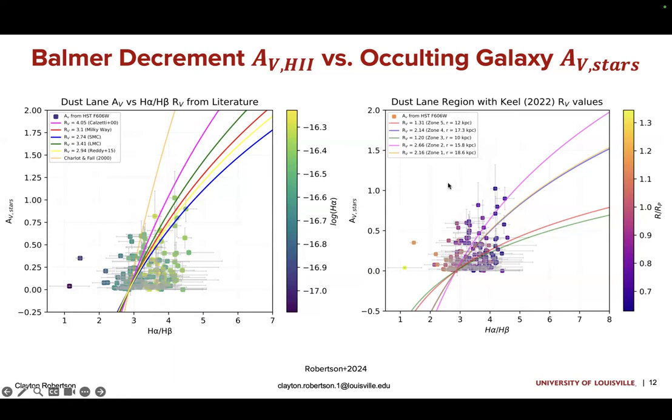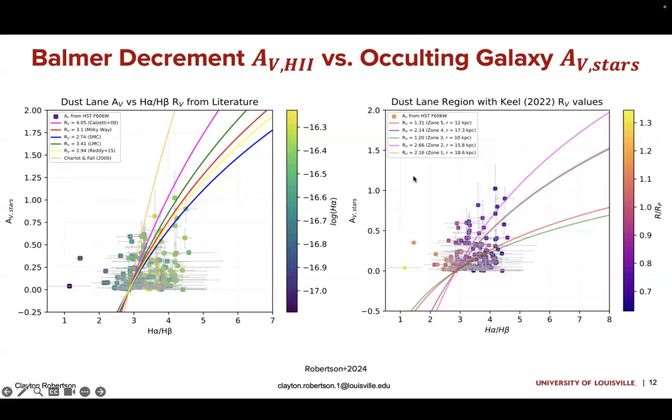On the right side, these are attenuation laws and reddening slopes found by Bill Keel's 2023 paper. He wrote it in 2022, and I think it got published in 2023. It's of VV191 itself, of these different regions. I want to highlight that these are for different zones, and I will get back to these zones later on.